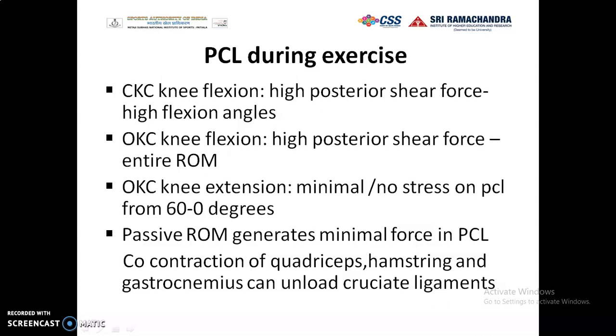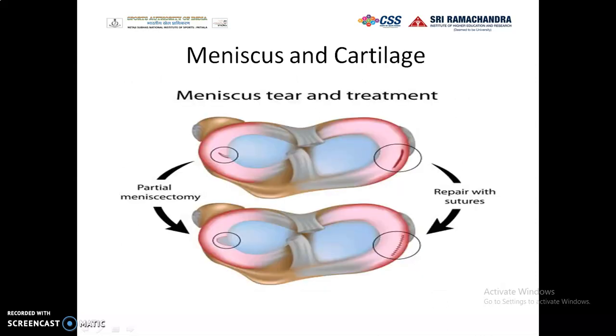When you do any extension in open kinetic chain exercises, there is minimal or no stress on the PCL from 60 to 0 degrees. Maximum passive range of movement generates minimal force in the PCL, and co-contraction of quadriceps, hamstrings, and gastrocnemius can unload all the cruciate ligaments. The gastrocnemius contractions stabilize the posterior cruciate ligament.